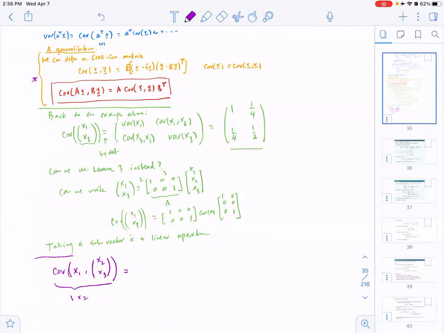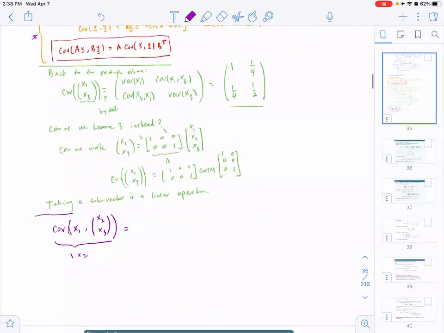Anyone? Based on this definition, can you guess at least what it would be? So it's a 1 by 2 matrix. What would be the entries?